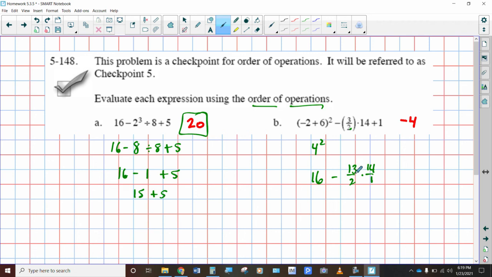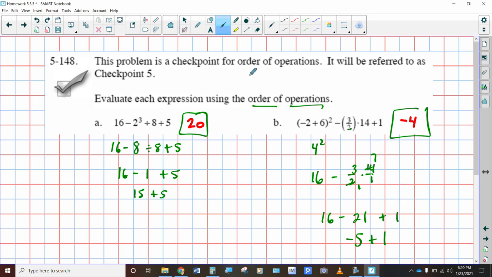That's a 3, not a 13. Let me do some cross canceling. That's going to be a 1, that's going to be a 7, so this is going to be 21. So this is going to be 21 there, a 16 here, and then the last part was plus 1. So 16 minus 21 is negative 5, and negative 5 plus 1 gives you negative 4 for the answer.